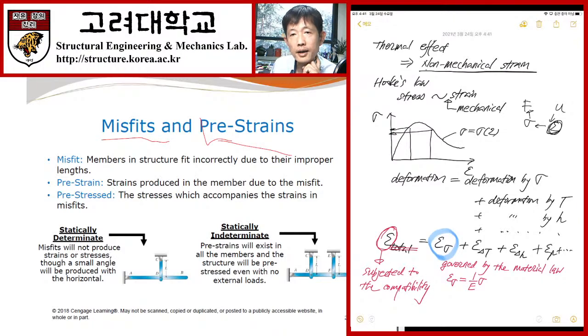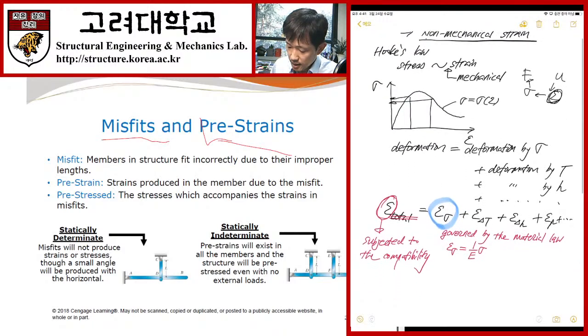Do you remember I emphasized several times that when you check the compatibility between the displacements and strain, do not think about the sources of deformation. We only check what we observe as the consequence of deformation, which means we are interested in the total strain, not the individual strain components.